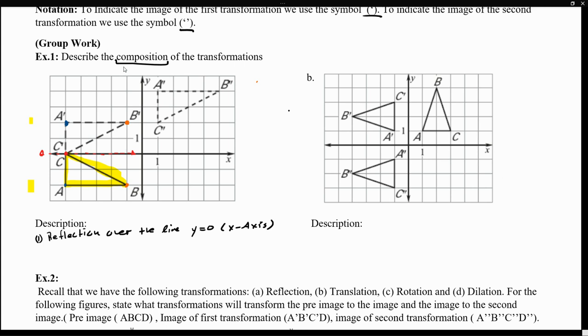So now the question becomes, what can we do to this image now? What can we do to this triangle so it lands exactly on this second triangle? So the first thing you might notice is that it's definitely not a reflection, but notice that it has the same orientation here.